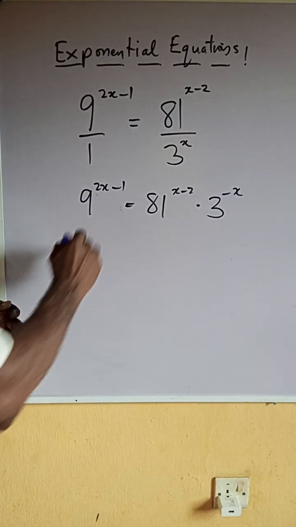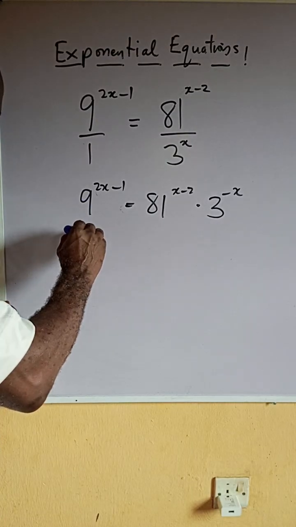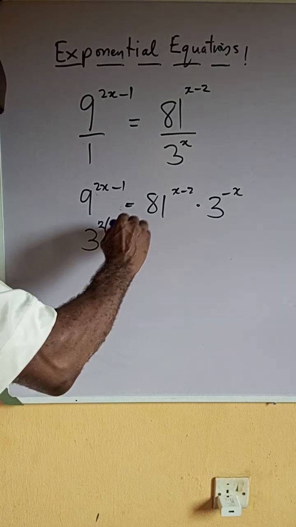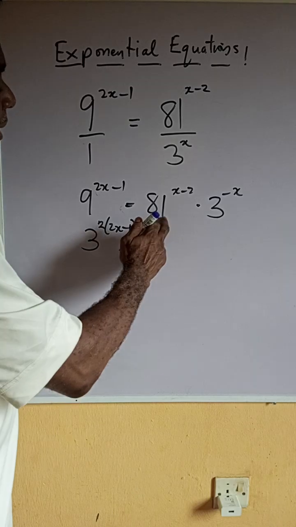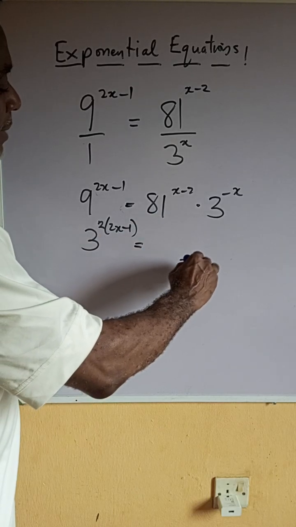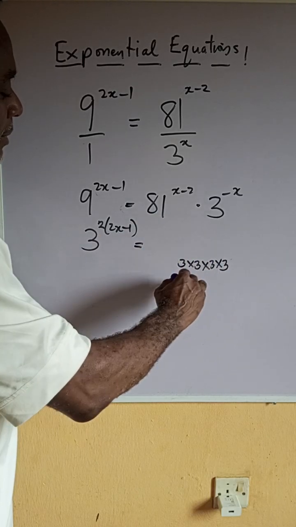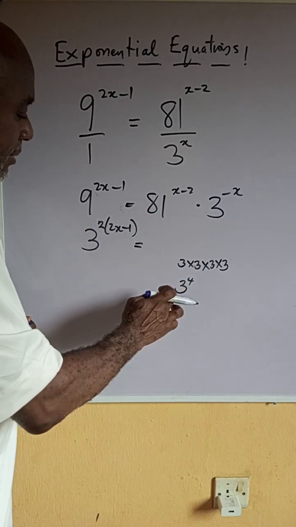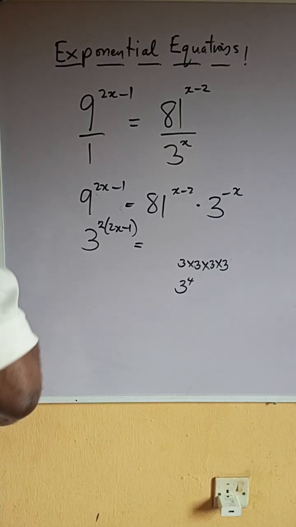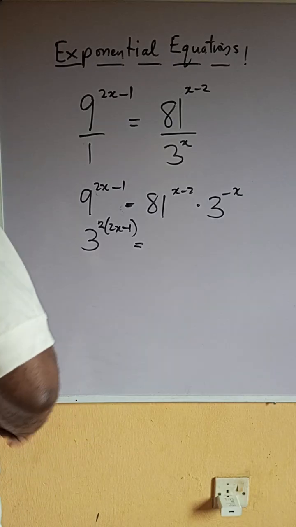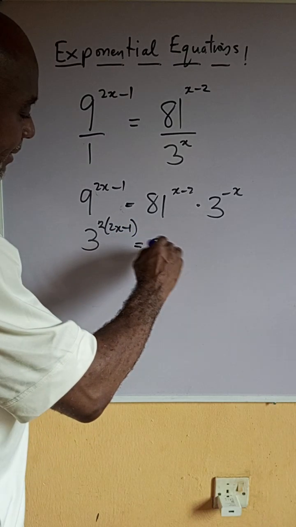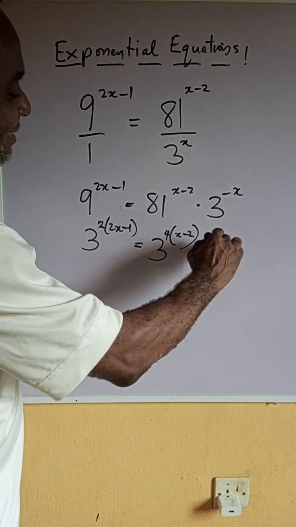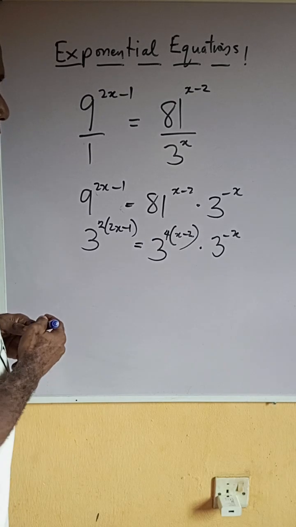If we express 9 as a power of 3, 3 raised to the power 2, we have 3 raised to the power 2 into 2x minus 1 is equal to 81, which can be expressed as 3 multiplied by 3 multiplied by 3 multiplied by 3. That is 3 raised to the power 4. So we shall replace 81 with 3 raised to the power 4. So here we have 3 raised to the power 4 into x minus 2 multiplied by 3 raised to the power minus x.